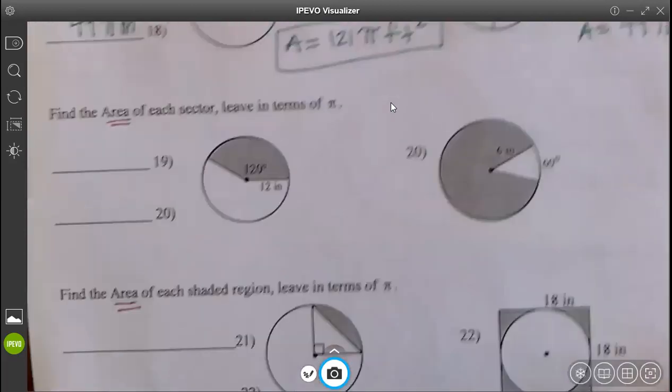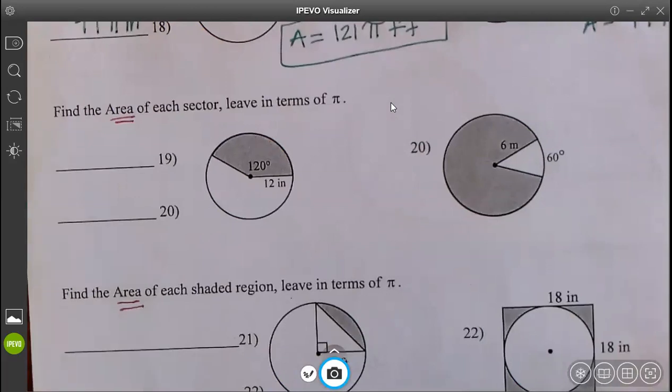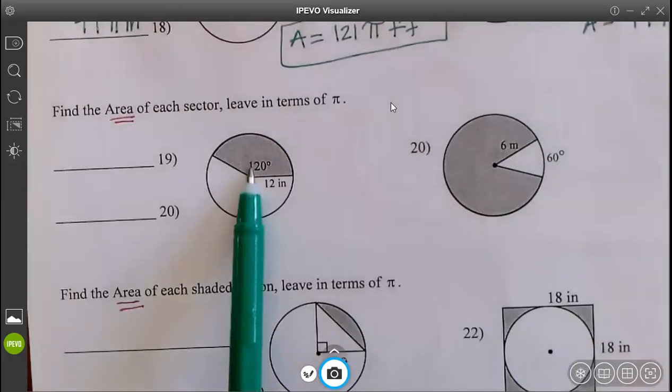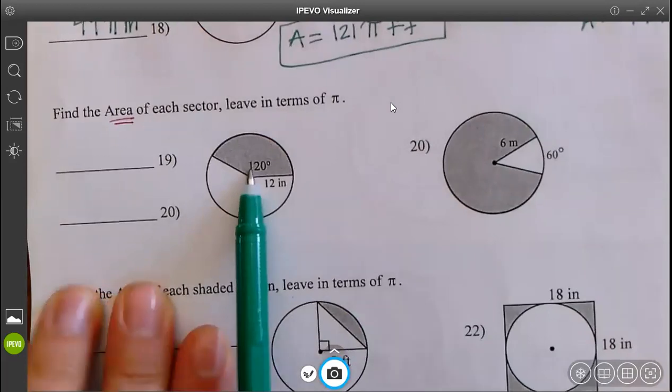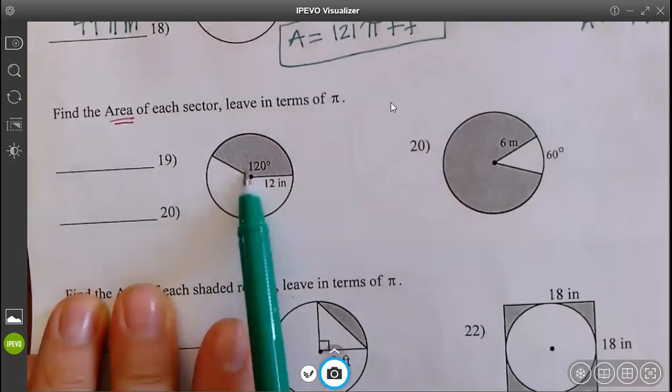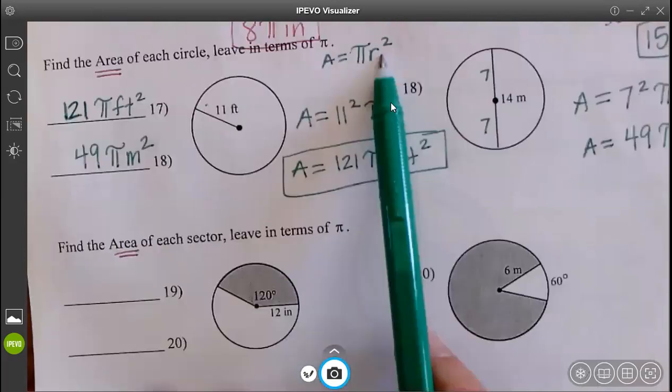Okay, so now I'm going into the sector. This is finding the area, so it's very similar to 15 and 16. It's just that instead of the last part being 2 pi r, we're now going to do the radius squared. We're going to use the area formula.